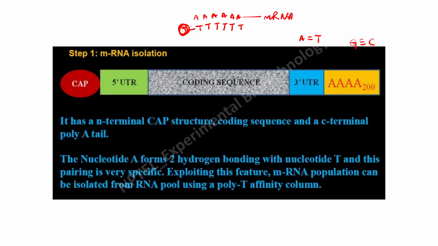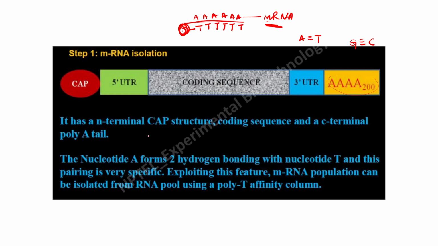So mRNA will bind to this resin, all the other types of RNA will get eluted, and later we can just break these hydrogen bonds to release the mRNA from the beads, and that's how we can get a purified mRNA sample using the poly A chain that is naturally present at the 3' end of the mRNAs.